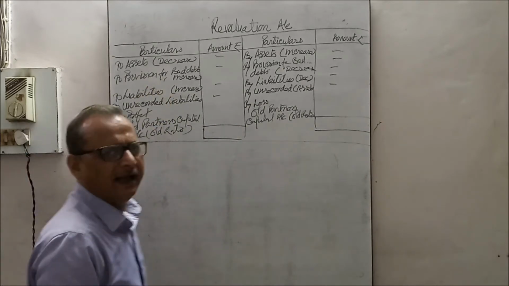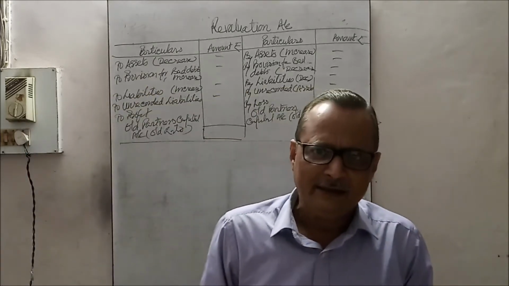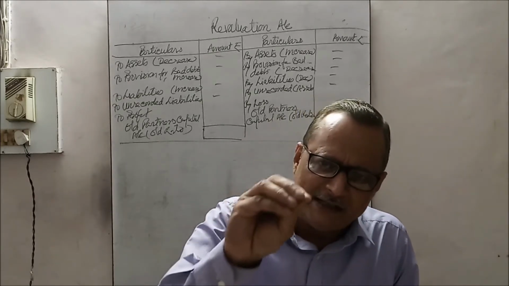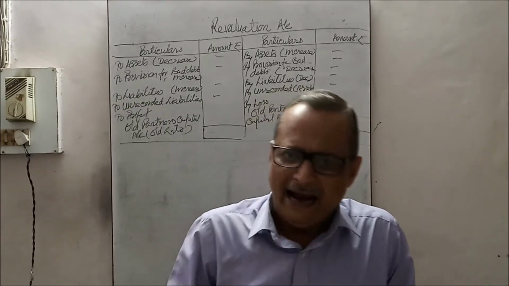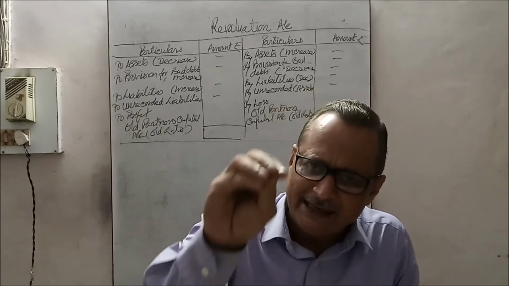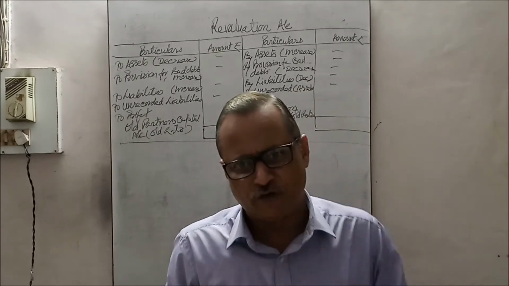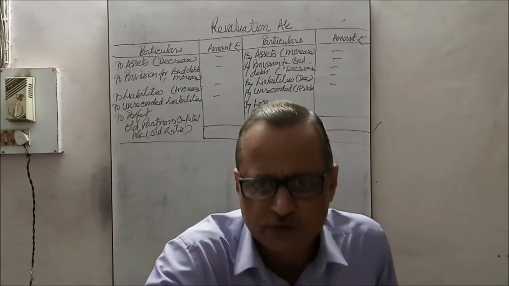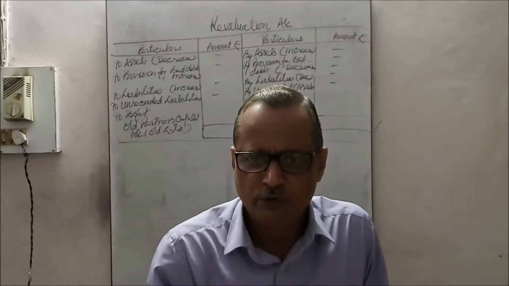account. And sometimes it may happen that the provision for doubtful debts appearing in the balance sheet is more than the new provision being created, so it should be reduced to the new value.